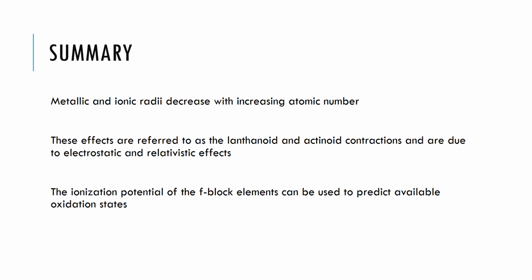We've shown that across the lanthanoids and actinoids, the metallic and ionic radii decrease with increasing atomic number, and that these effects aren't just due to electrostatic effects in terms of shielding, but are also due to some relativistic effects that occur as electrons move in orbitals. And we can use those ionization potentials that you looked at in the exercise to predict some of the available oxidation states for these elements and their compounds.